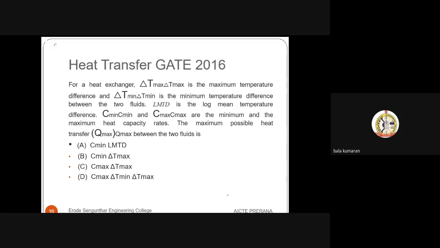You can separate this, it is not needed actually. Both are the same. Del T max is the maximum temperature difference and del T minimum is the minimum temperature difference. Del is nothing but difference. LMTD is nothing but log mean temperature difference.